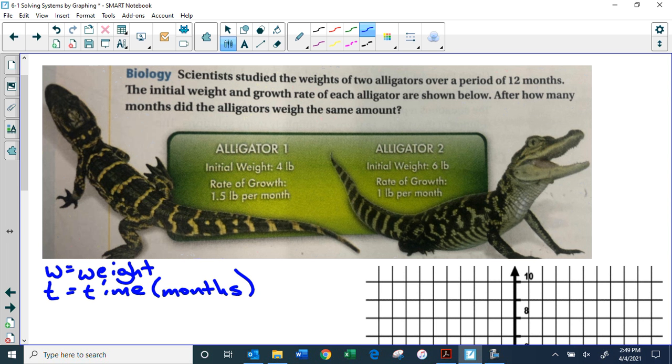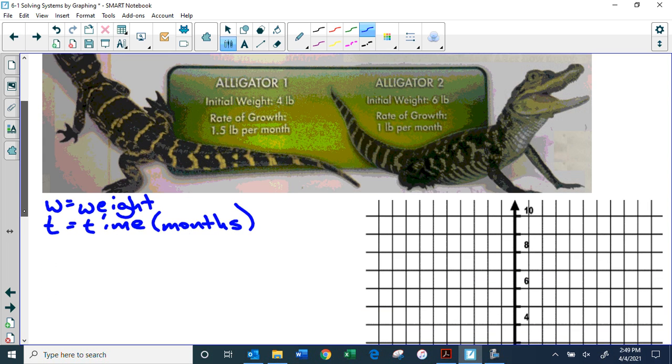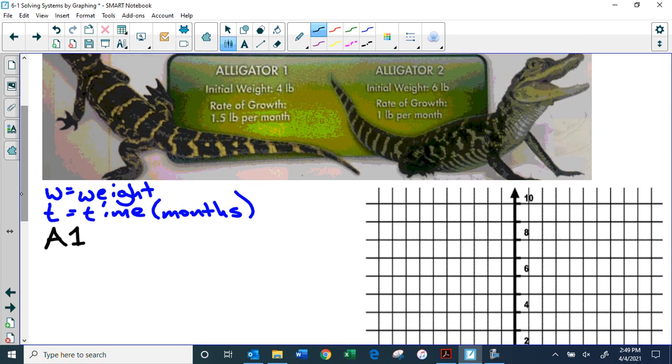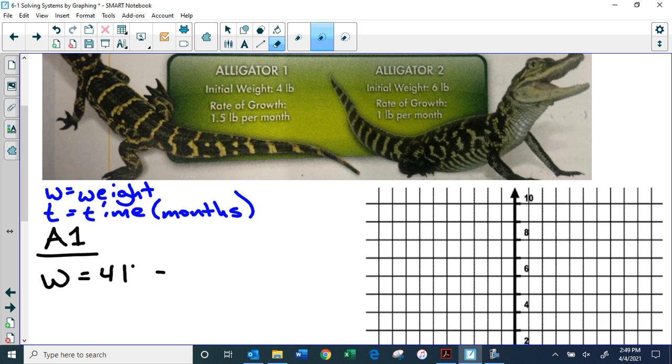That's our 2 variables. All right, so for alligator number 1, his weight, or hers, is 4 pounds plus 1.5 times the number of months.